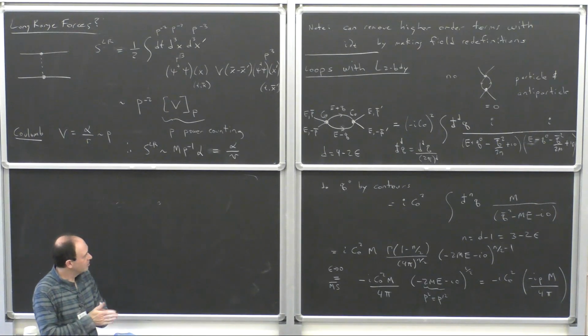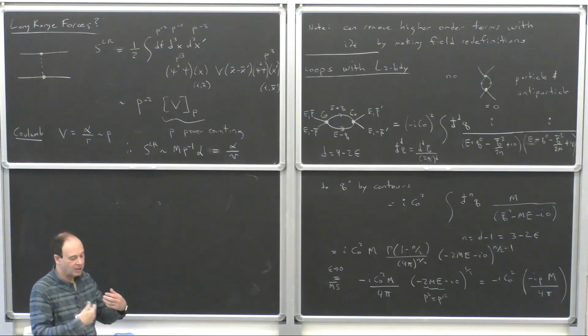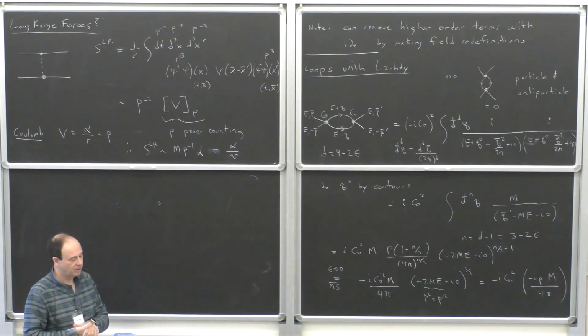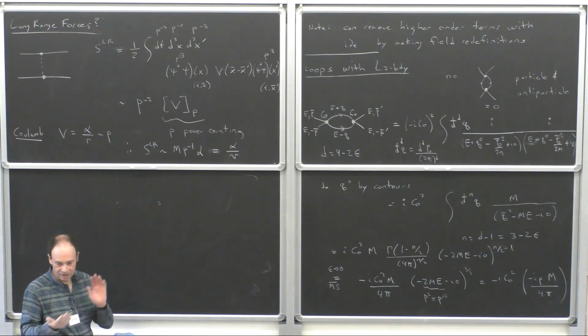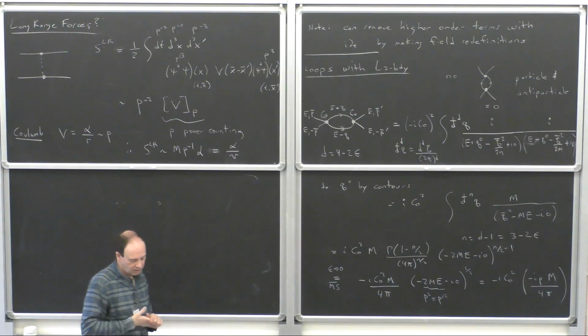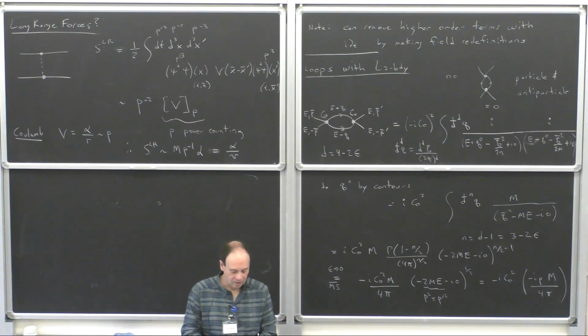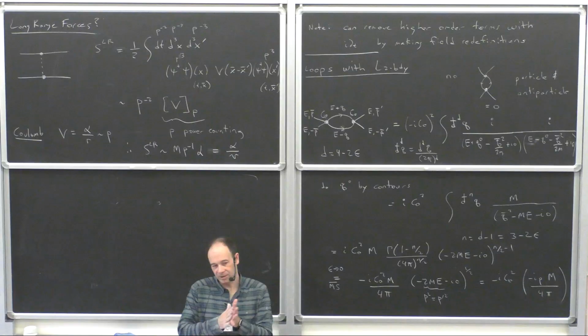And it'll be a good segue next time into discussing more formally some of the issues associated with loop calculations and how matching calculations work. So that's kind of where we're going with this. But let me stop there and take questions.